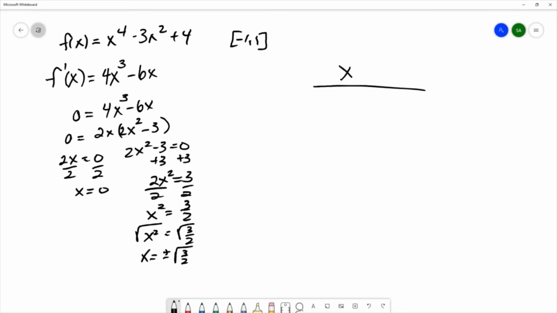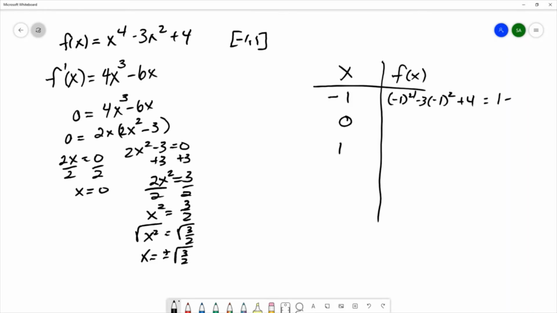So we'll look at -1, 0, and 1 in the function f of x. So that's (-1) to the 4th minus 3 times (-1) squared plus 4. So we have 1 minus 3 plus 4.